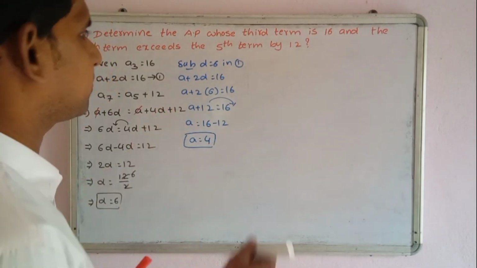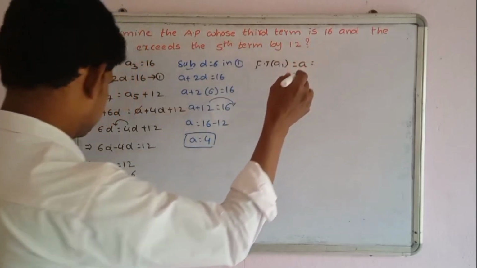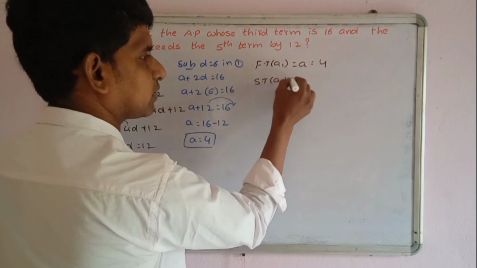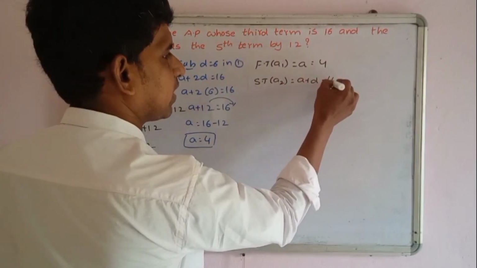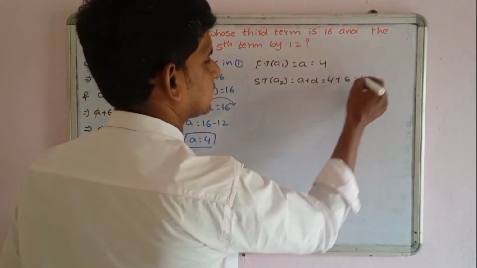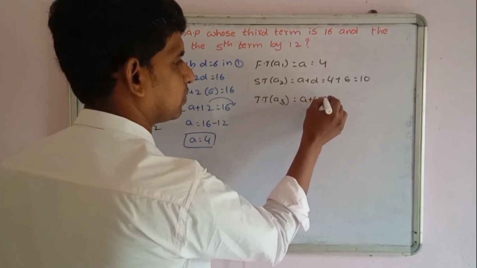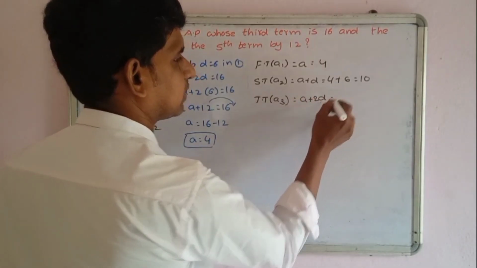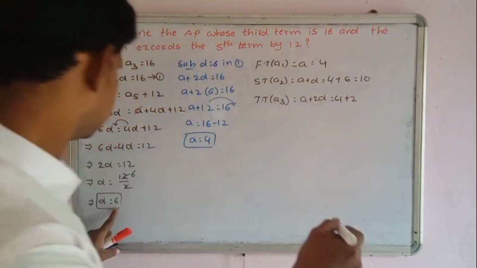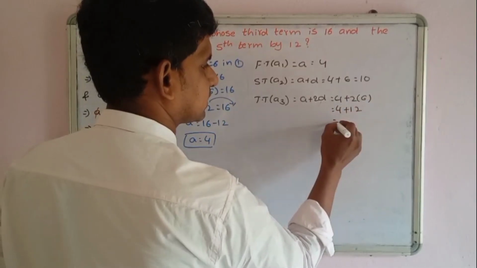Now we will find the AP terms. First term A1 equals 4. Second term A2 equals A plus D, so 4 plus 6 is 10. Third term A3 equals A plus 2D, that is 4 plus 2 times 6, which is 12, that is 16.